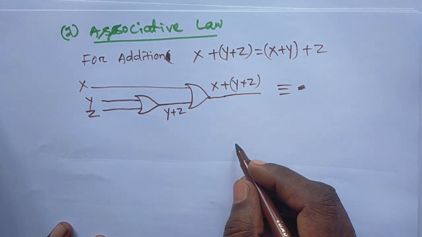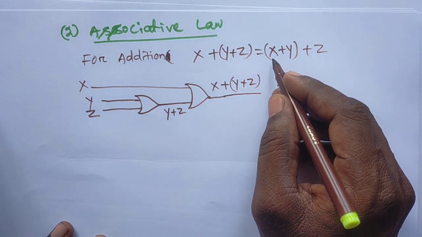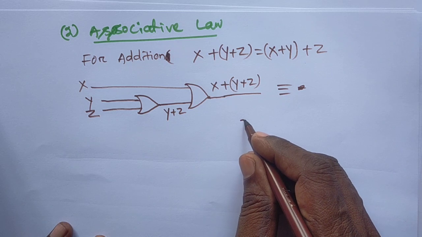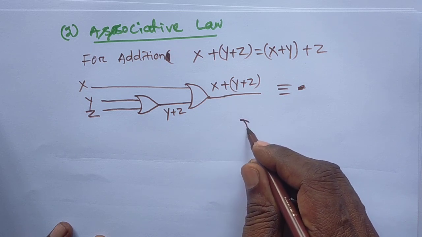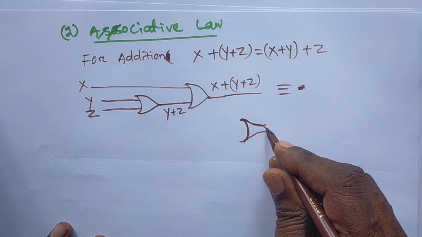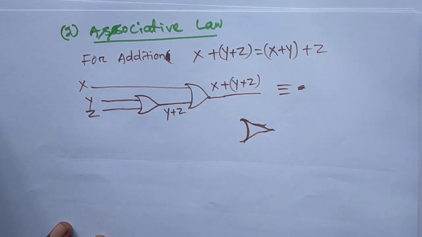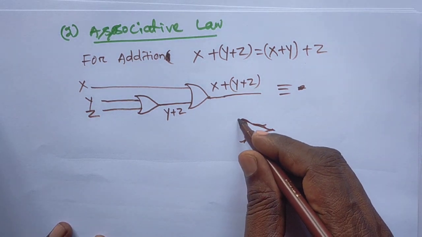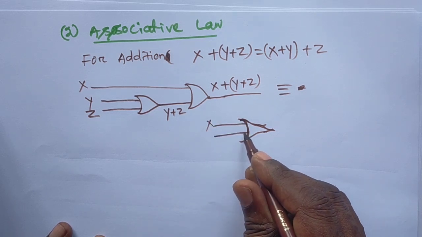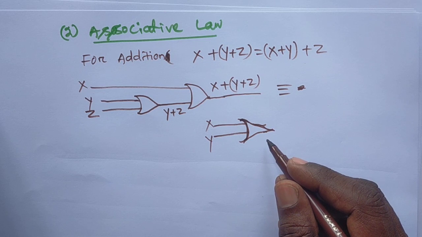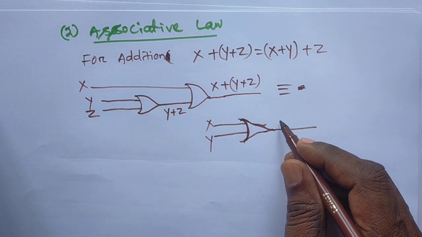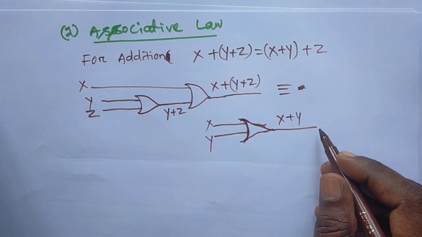Now the second part I will draw. First of all, x plus y. In this way, one is x, another is y, and this result is x plus y.